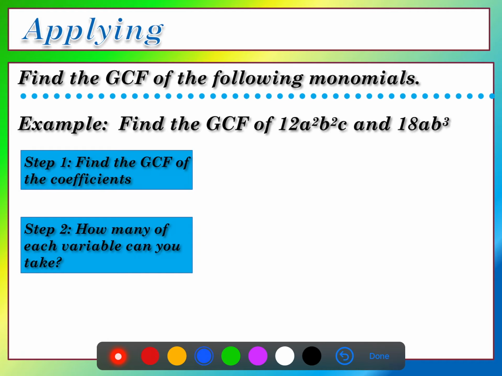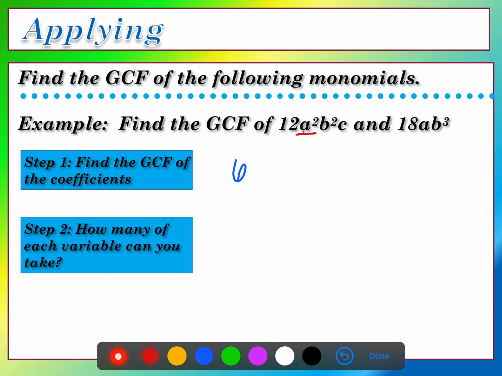So if we're trying to find the GCF between 12a squared b squared c and 18ab cubed, we're going to use regular GCF skills for 12 and 18. What is the largest number that divides into each of those? It should be 6. Now I'm going to look at the variables one at a time between each monomial.